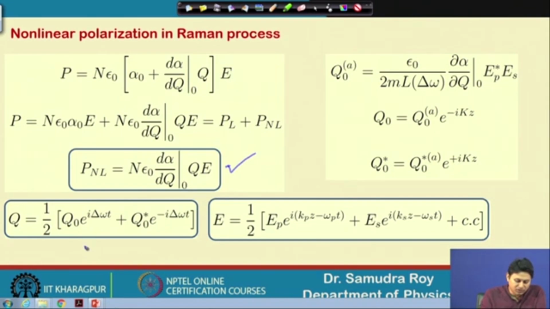Next, we need to find out what is my q and E. Here we write q, this was our solution, and this was our value E. So, q we solve using the forced damped oscillation model for a molecule. We calculate its generalized coordinate q, and it comes in this particular form.